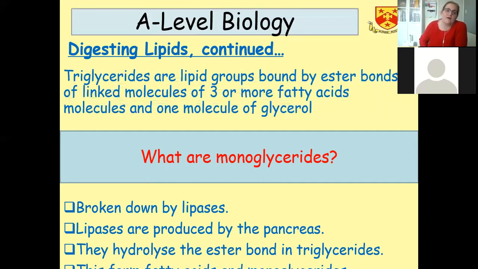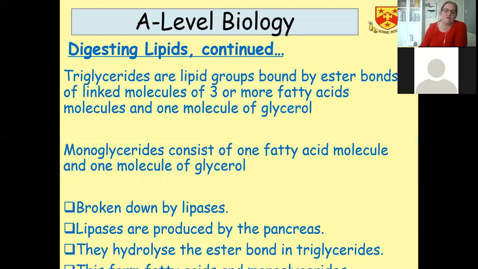So triglycerides are lipids made of 3 fatty acid molecules and 1 molecule of glycerol linked by ester bonds. This forms fatty acids and monoglycerides, and monoglycerides consist of 1 fatty acid molecule and 1 molecule of glycerol.